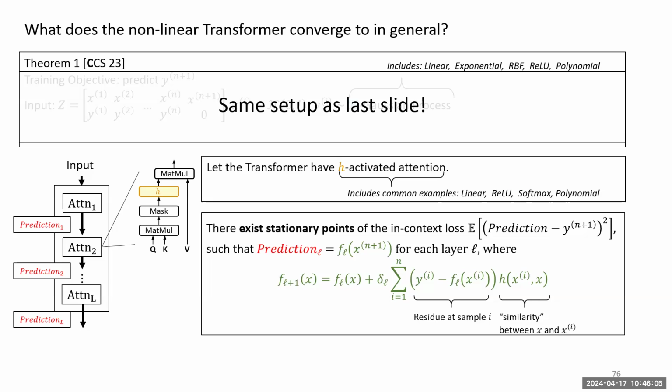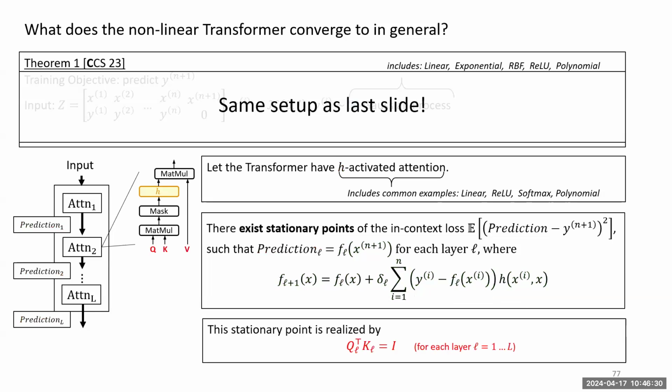For example, when H is the softmax, this will be taking a weighted average of your neighboring points. So if you're trying to predict for X, you'll look at all the other demonstrations and take a weighted average over their labels.